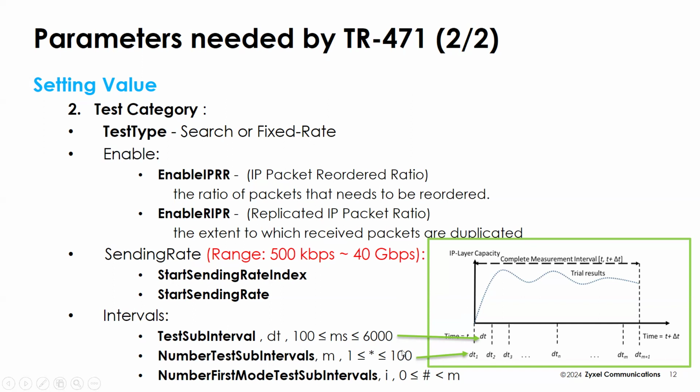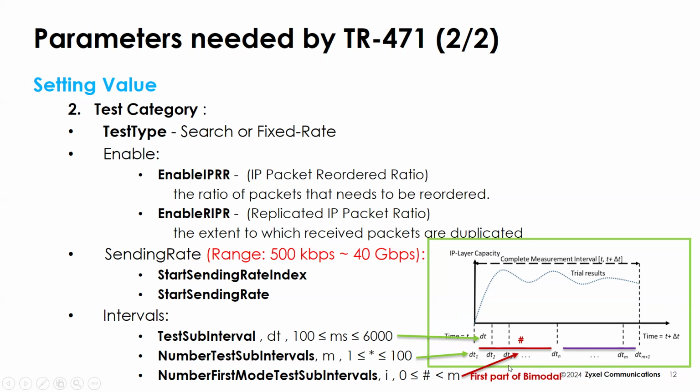Okay, and the next parameter we can set is the number of first mode test subject intervals. Here's an illustration of what a bimodal test is. If we enable the bimodal test in a TR471 measurement test, the devices will send us two results.